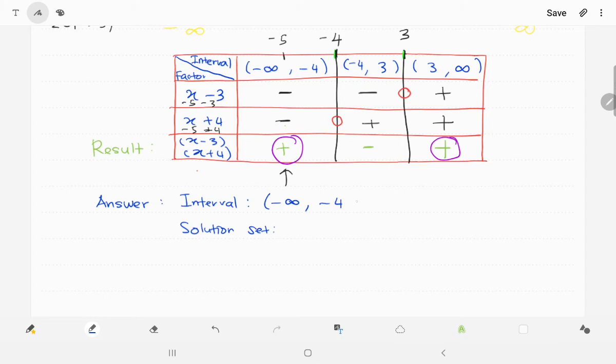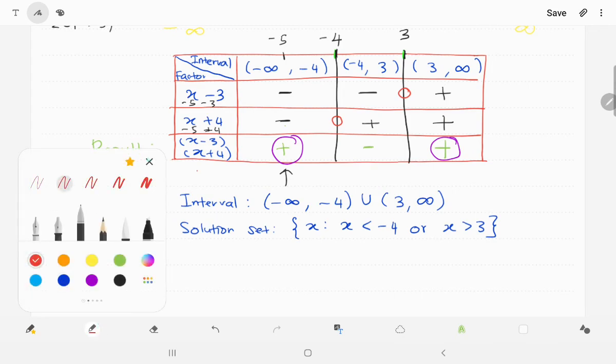Look here, it's an empty circle, so negative 4 is not included, and 3 is also not included because of the empty circle. So for the solution set, x less than negative 4 or x greater than 3. Don't put an equal sign here. Again, the reminder.